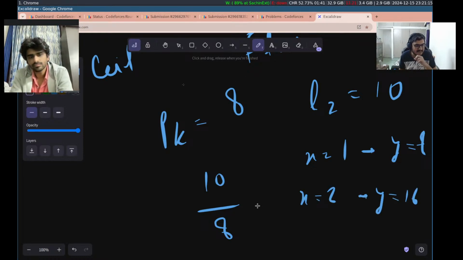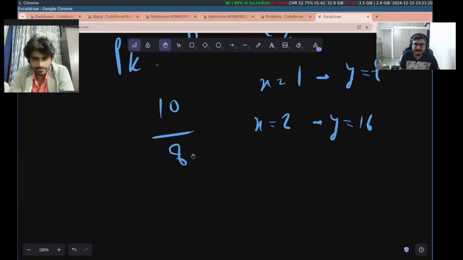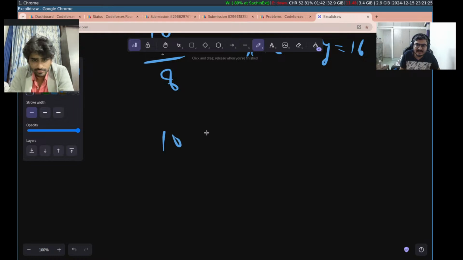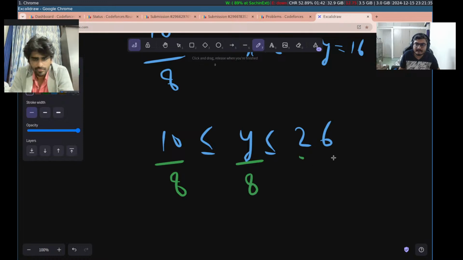That was the reason why we needed floor and ceil over here. For example, if you have 10 less than or equal to y less than or equal to 26, then 10 by 8 is around 1.25, and 26 by 8 is around 3.25.